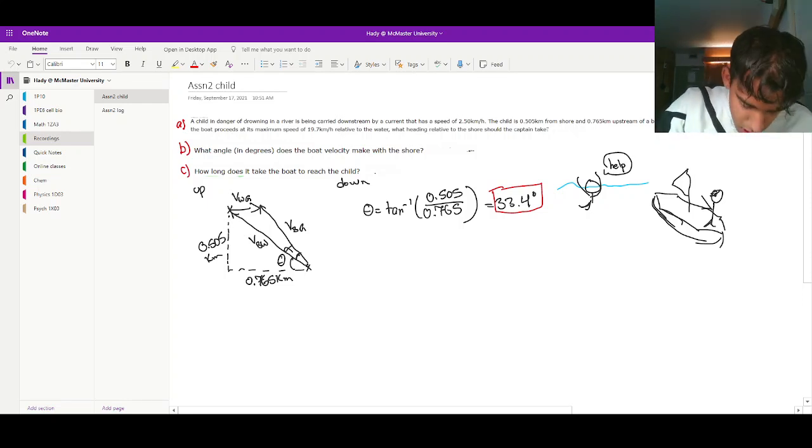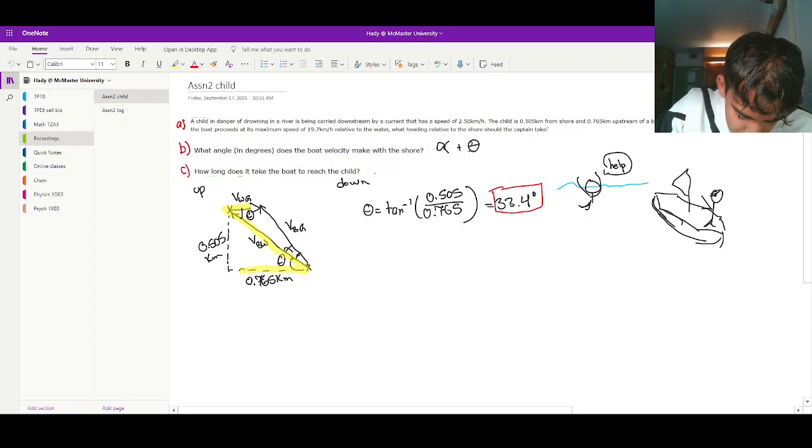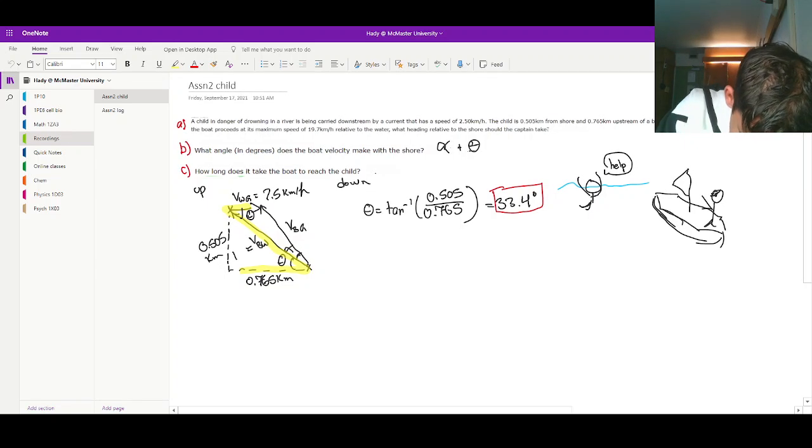Thing is though, with our Z rule, we know that up here is also theta. We also have the velocity of the water to the ground is 2.5 kilometers per hour, and the velocity of the boat to the water is 19.7 kilometers per hour.